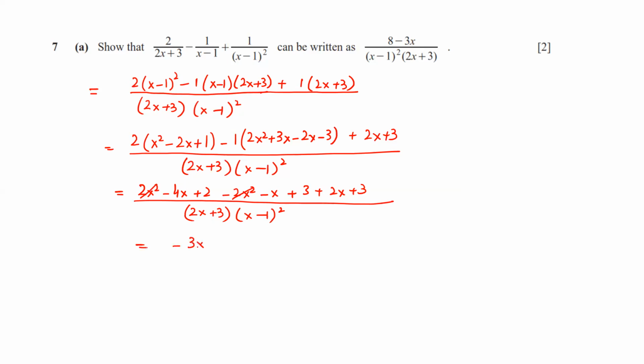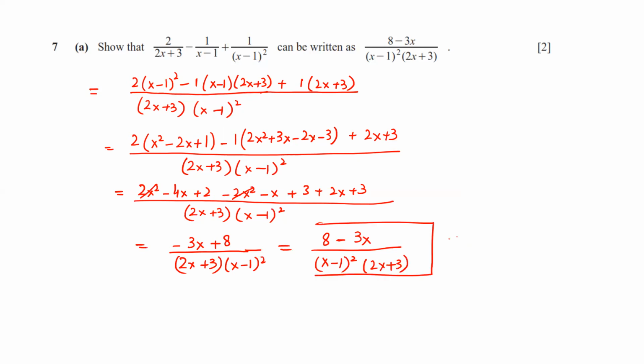Then 2 plus 3 is 5, 5 plus 3 is 8. So we get 8 minus 3x over 2x plus 3 into x minus 1 whole square. And this is exactly what we were asked to find. Okay, so once you have done this, you can call it shown.